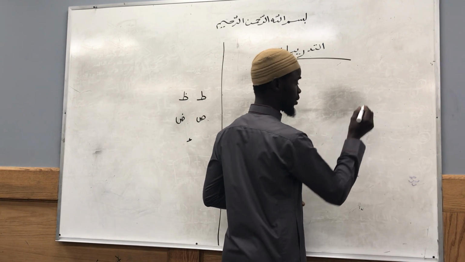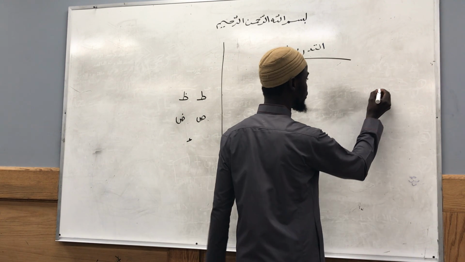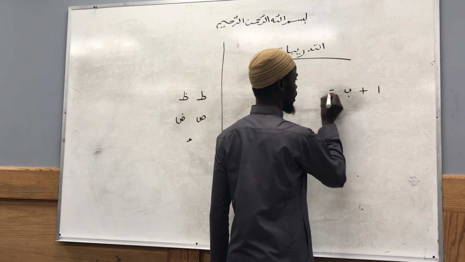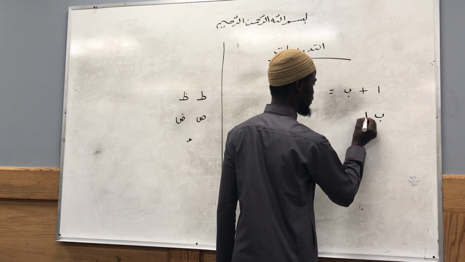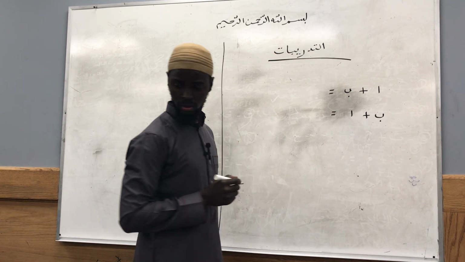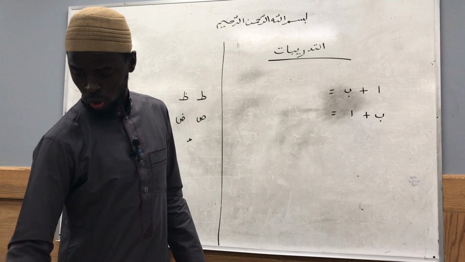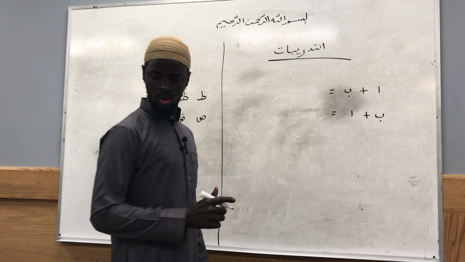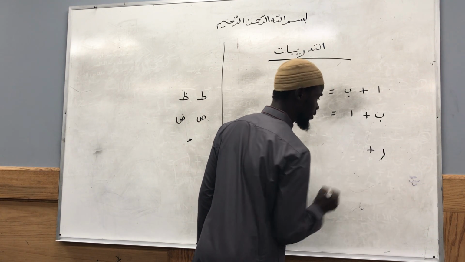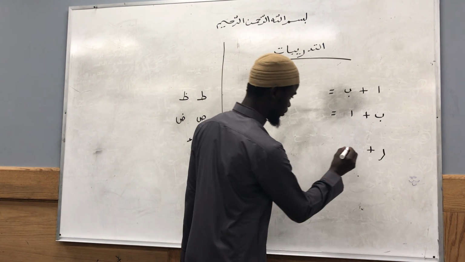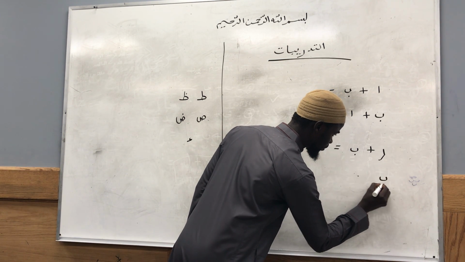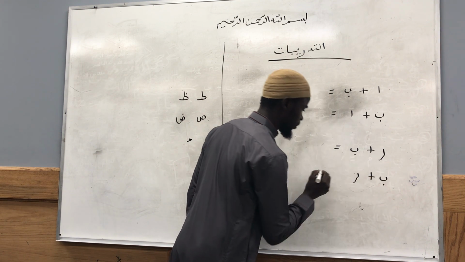If you look at page 28, you have Alif plus Ba, and then you have Ba plus Alif, right? And you also have Ra plus Ba, and you have Ba plus Ra.